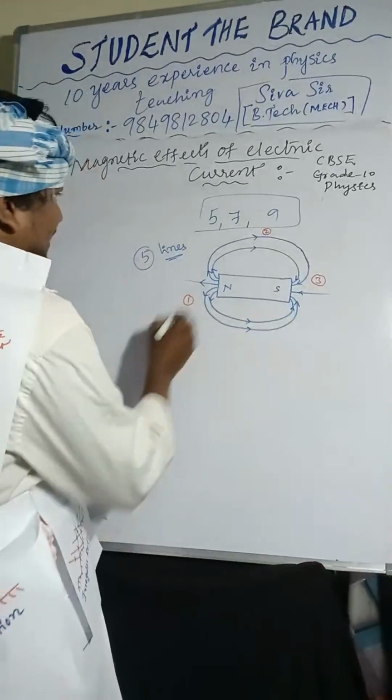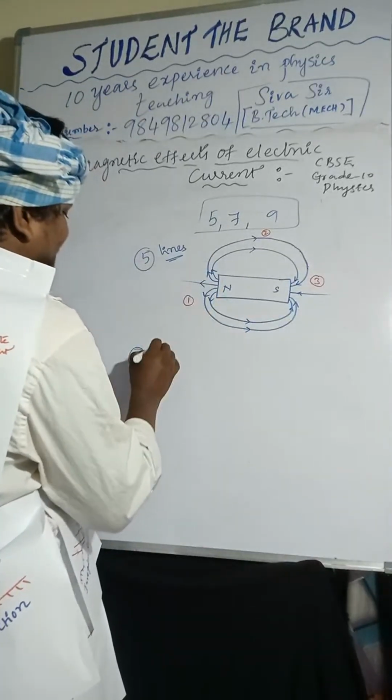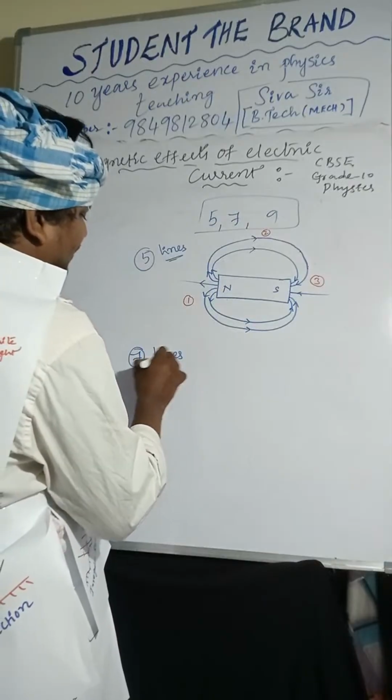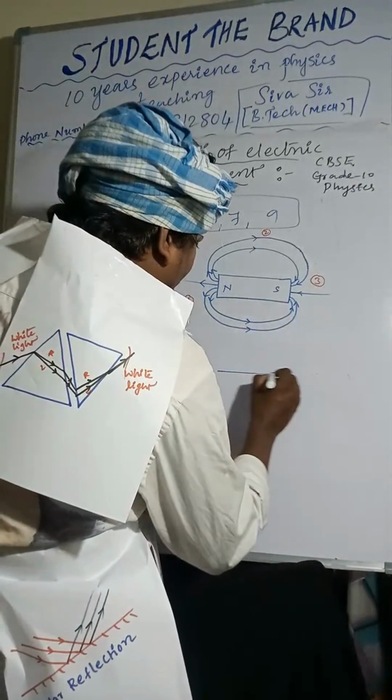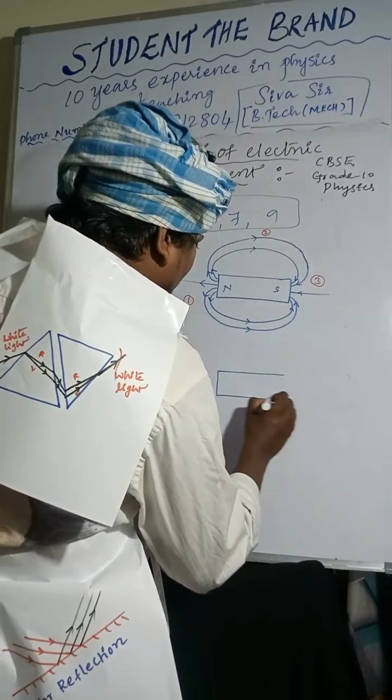Coming to the 7 lines diagram, I'll draw 7 lines also.